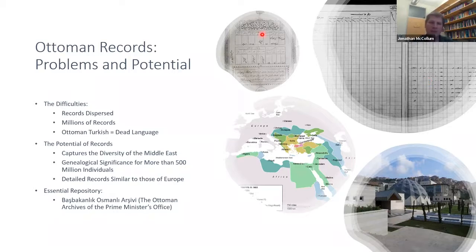Another one here is a personal identification record. These were issued in the late 19th century to all subjects of the Ottoman Empire. Again, these records contain the name of the individual, but also the names of that individual's parents, their birthplace, and their birth year.